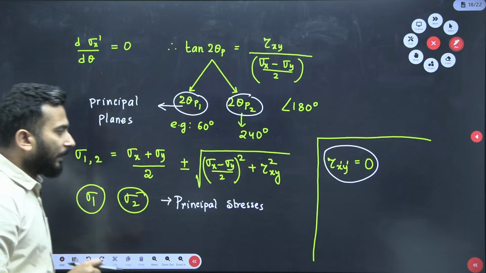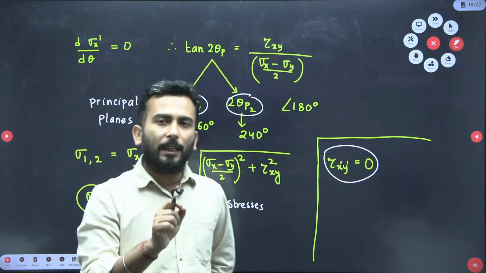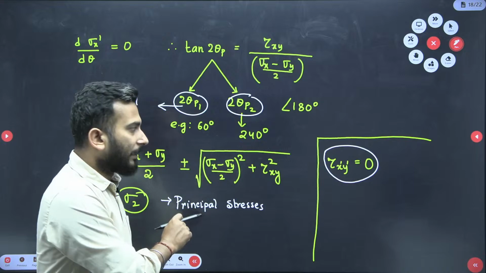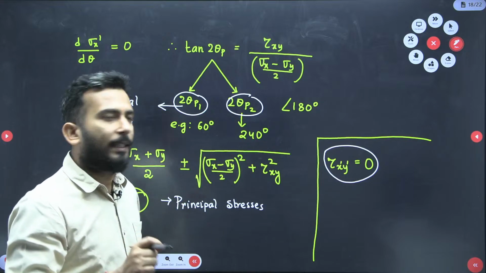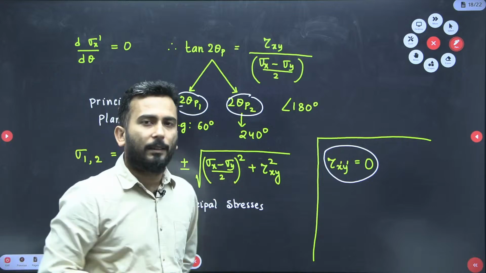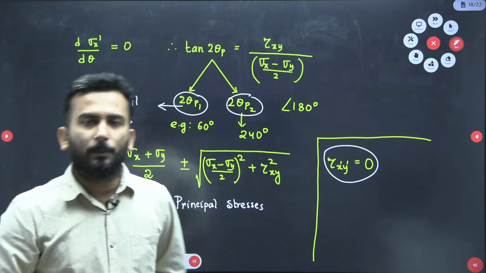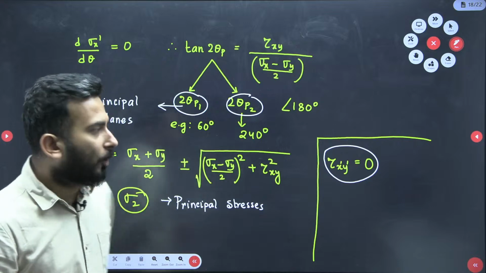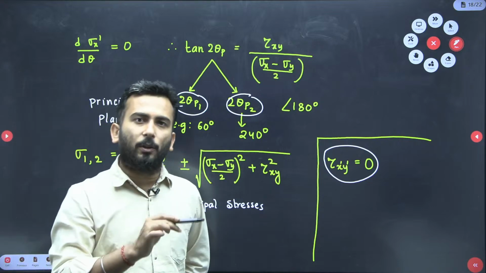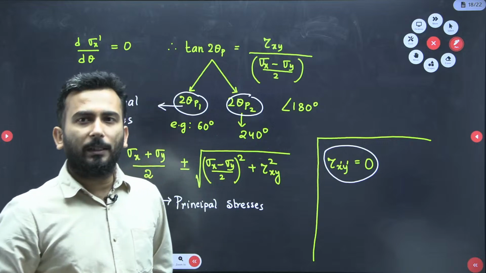So what are principal stresses? The maximum and minimum values of normal stress are called principal stresses, and it has been observed that on the plane of principal stress the value of the shear stress is 0, right. All these are observations that we are noticing one by one, and once you do this on your own, the maths you will remember always.